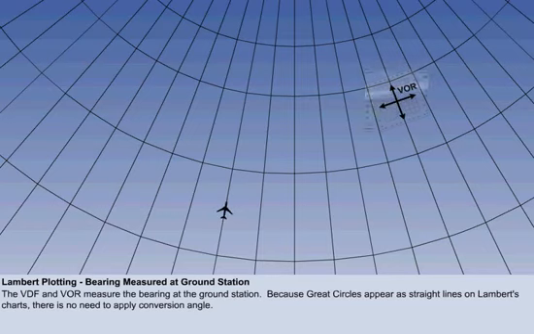Because, for all practical purposes, great circles appear as straight lines on Lambert's charts, there is no need to apply conversion angle. However, as with the Mercator, we are going to have to put our protractor over the ground station. We cannot plot from the aircraft because we don't know where it is. This is why we are navigating.